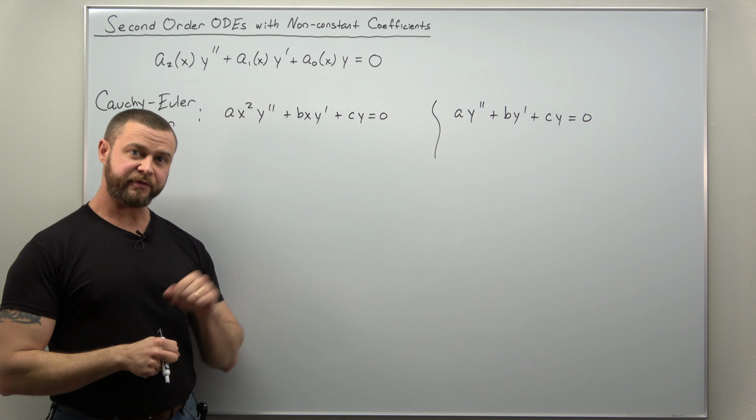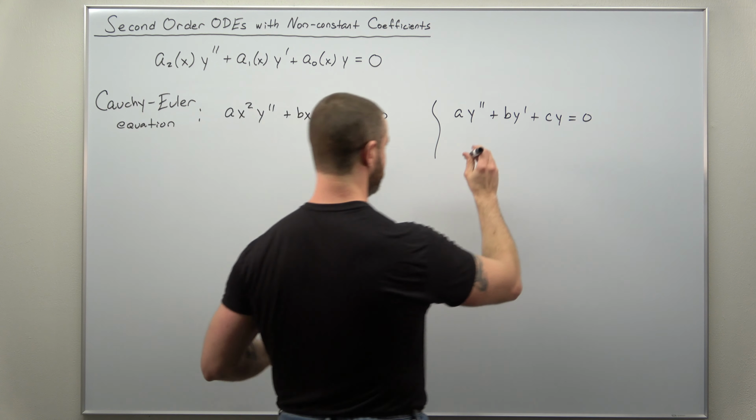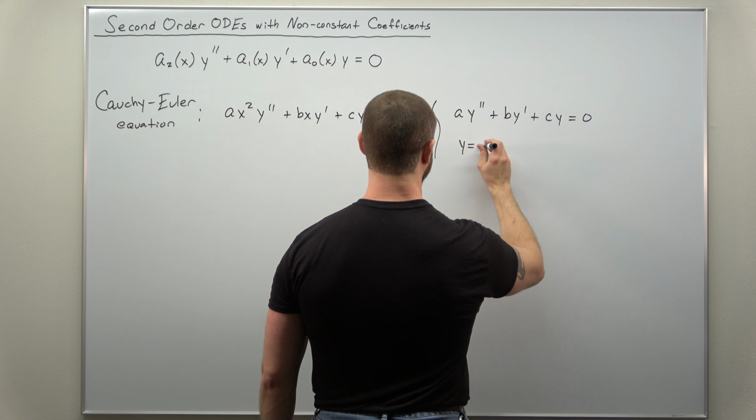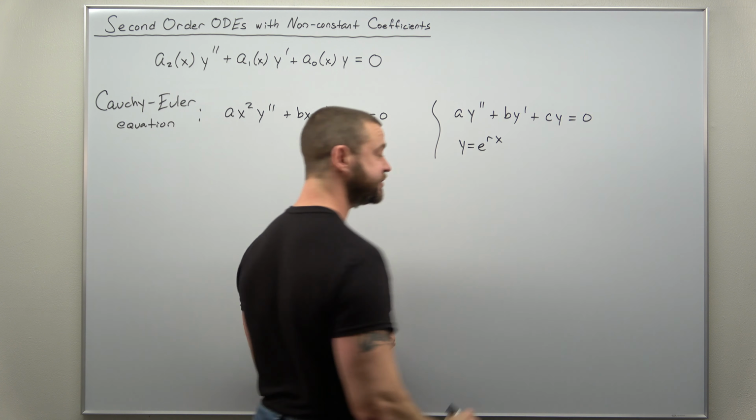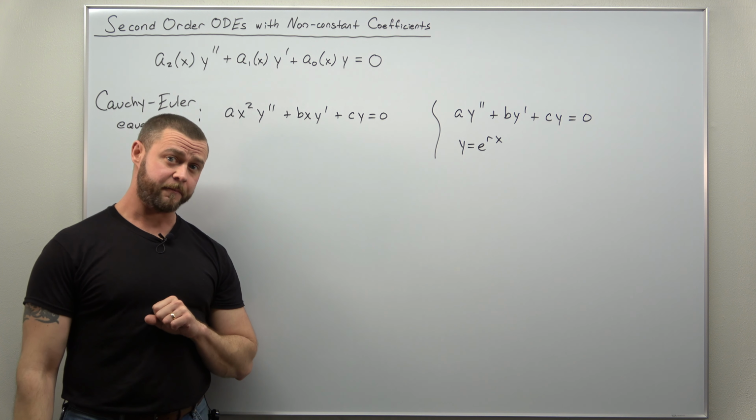All right, we know how to solve that. We started by assuming we had exponential functions that were solutions of the form y equals e to the rx, and that led to us getting the characteristic equation.